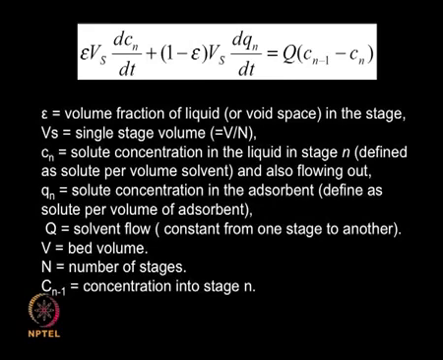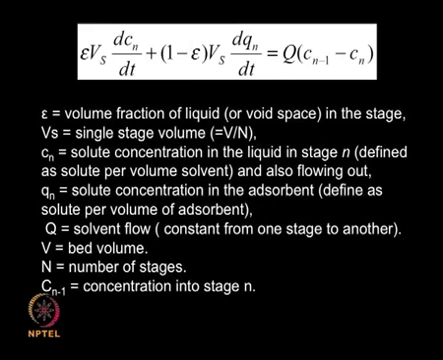One is the accumulation of the solute in the mobile phase, the other is the accumulation because of the stationary phase. For stationary phase concentration we use Q, for the mobile phase concentration we use small c. Epsilon is your voidage, Vs is the volume of a single stage, that means the volume of the entire column divided by n, your number of stages, capital N.